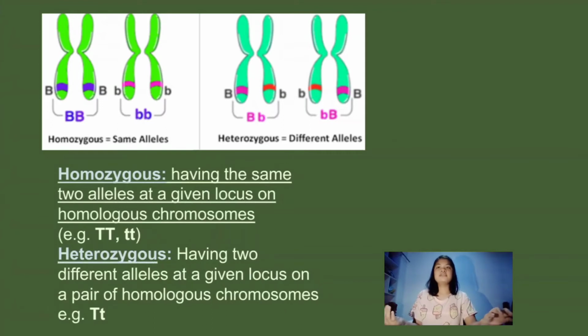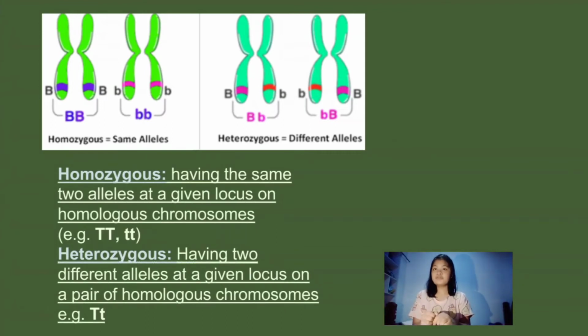Likewise, heterozygous comes from the word hetero, meaning different or distinct. This means having 2 different alleles at a given locus on a pair of homologous chromosomes. For example, we can take one uppercase T and one lowercase t. We can refer to this as heterozygous. You don't need to assign it a recessive or dominant designation because it's the only heterozygous option. Therefore, it has no further distinction.